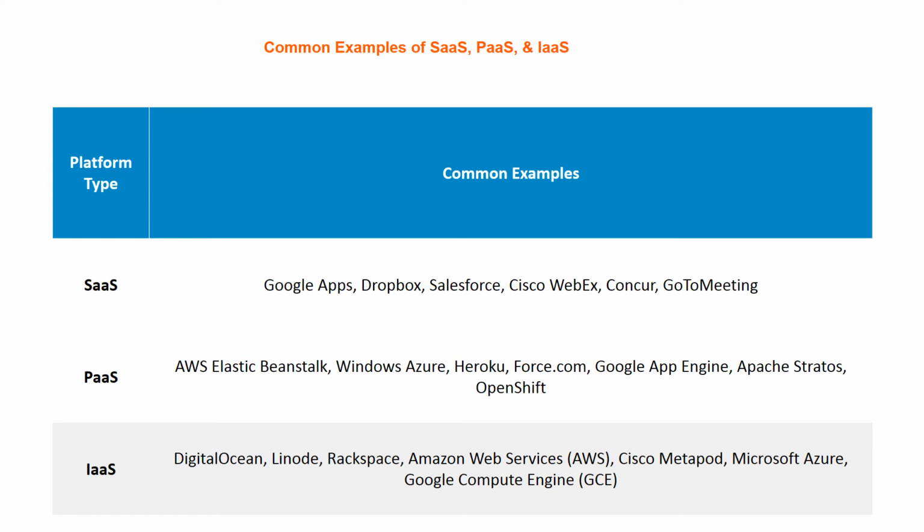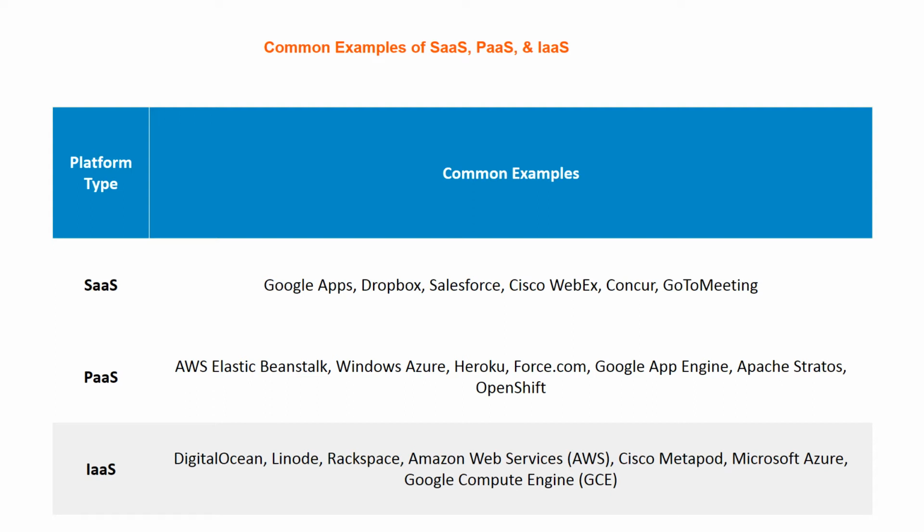Here are the common examples of software as a service, platform as a service, and infrastructure as a service. Software as a service: Google Apps, Dropbox, Salesforce, Cisco WebEx, Concur, and GoToMeeting.